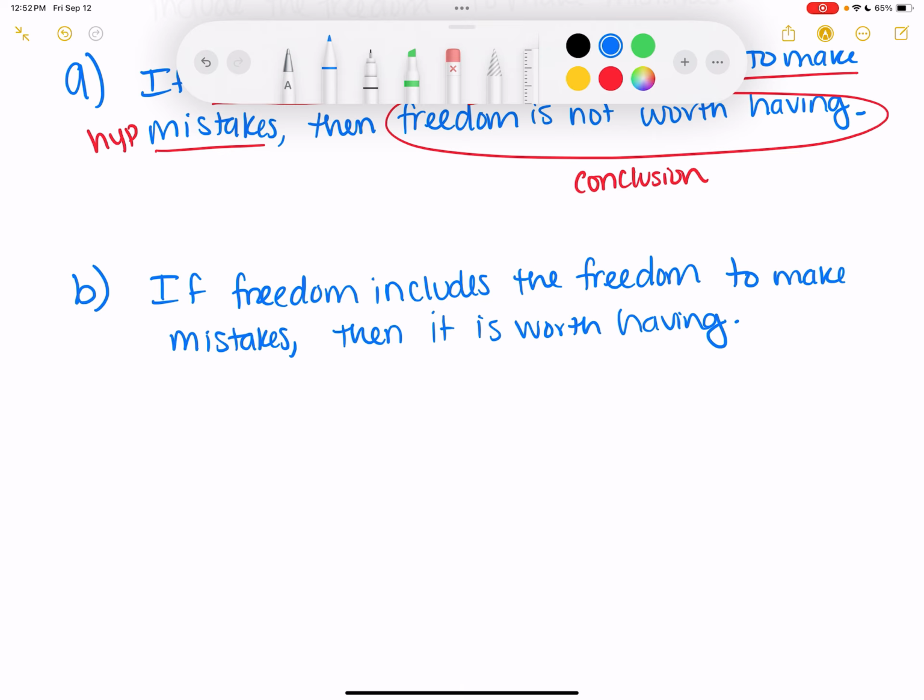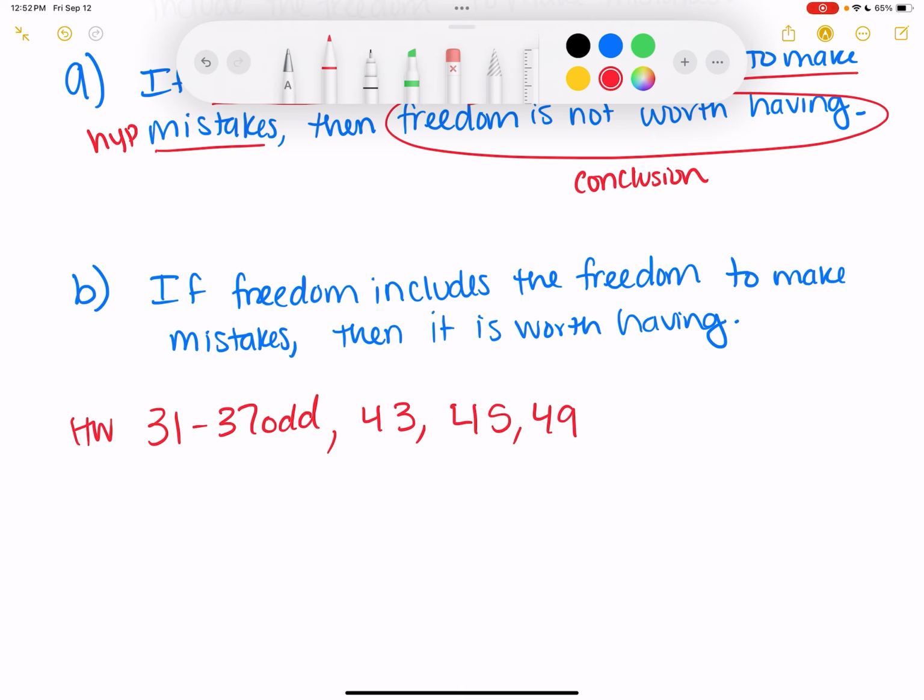Let's go with 31 through 37 odd, 43, 45, and 49. We're going to do the same thing that we did yesterday.